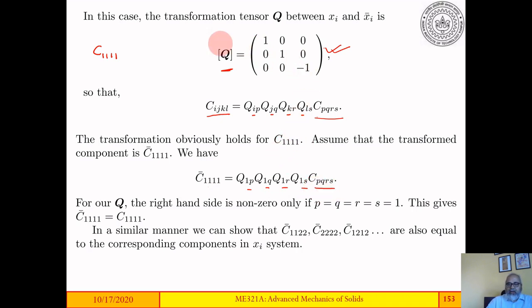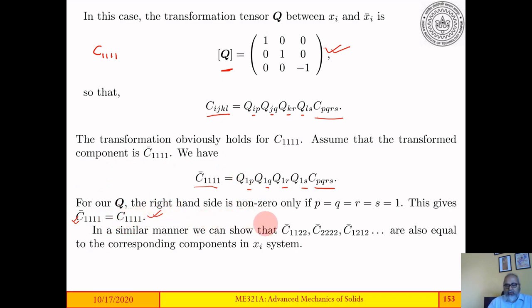And now if you look at the Q, the only way this can be non-zero is if PQRS are all equal to 1. So in that case, it will give you C bar 1111 equal to C1111, which is what we wanted. This being a reflection transformation about a plane of symmetry, we don't want it to change. So we do want C bar 1111 to be equal to C1111, and that is what we get.